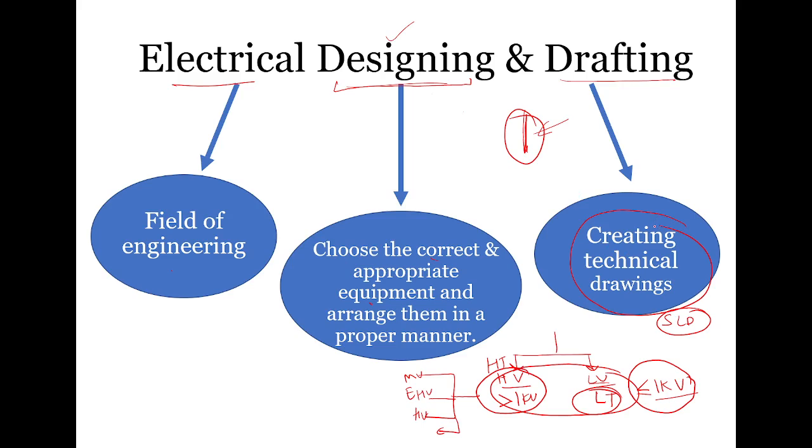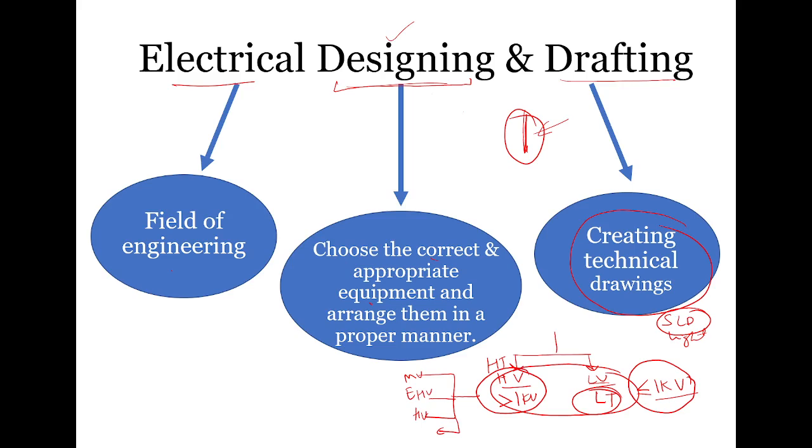Drafting is the name of creating technical drawings, so SLD, lighting layout, power layout, conduit layout, cable layout, cable tray layout, cable routing layout, trench layout, all these drawings or layouts come under drafting. In early days, engineers created drawings by the manual method, using pencils and paper.